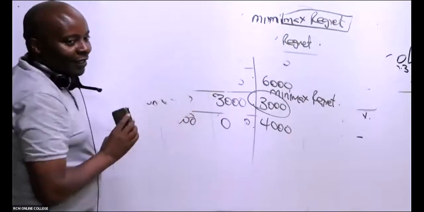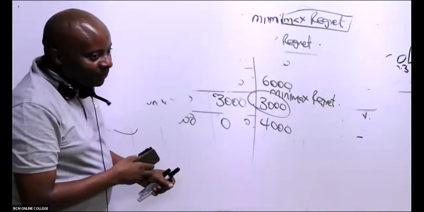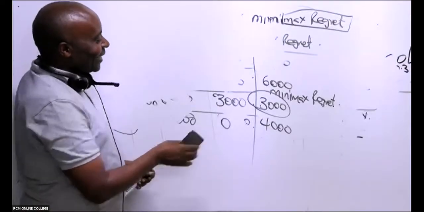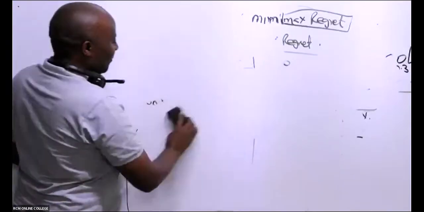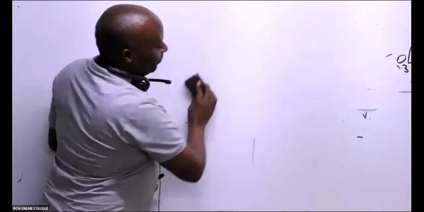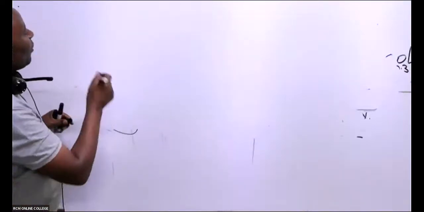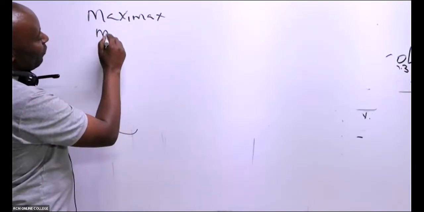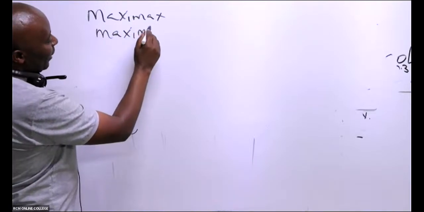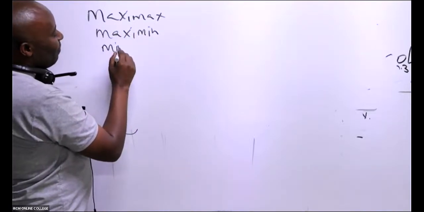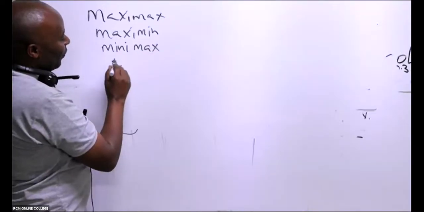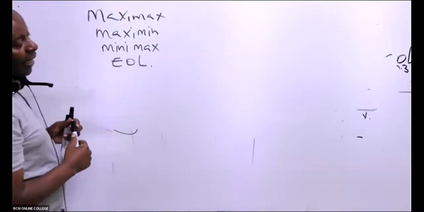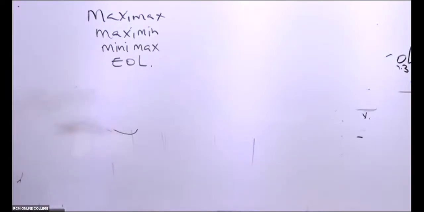In this case we have maximin, and then we have minimax, and then we have expected opportunity losses. You need to really know how to differentiate these.